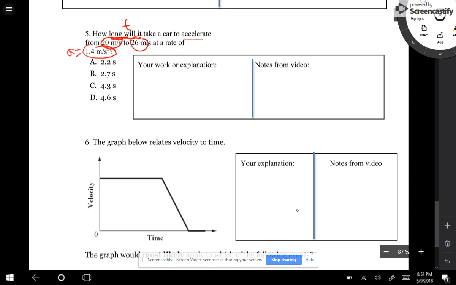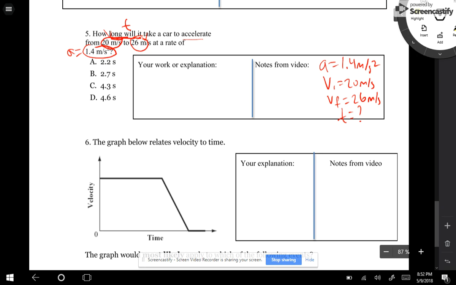And they give us two velocities. So basically, we know our acceleration is 1.4 meters per second squared. The starting velocity is 20 meters per second, and the final is 26 meters per second. We're trying to find time.